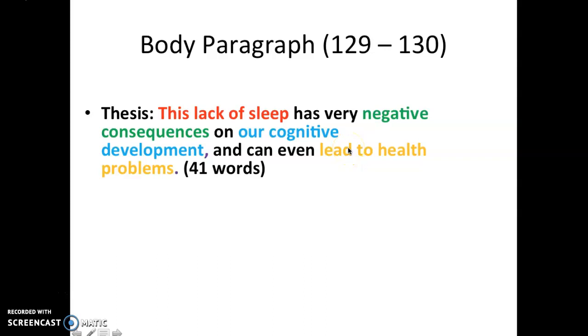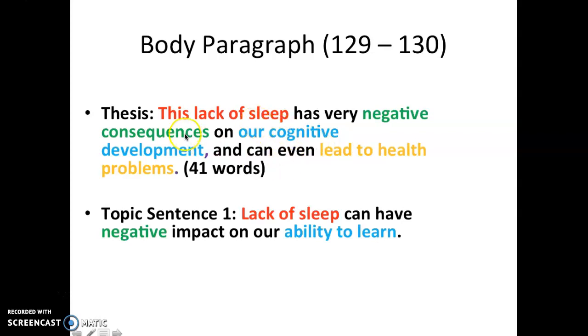Now, when you write an introduction and when you write a body paragraph and your topic sentence, there has to be consistency between what you say in the intro and what you say in the body paragraph. Look at this here.